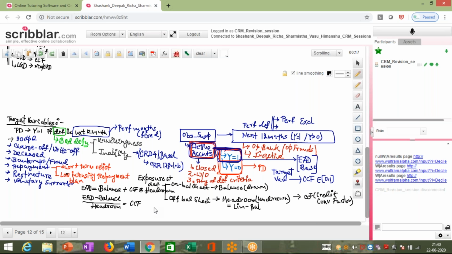Now from there, there are two possibilities which can happen. This CCF obviously belongs to the fractional set, which is 0, 1, right?